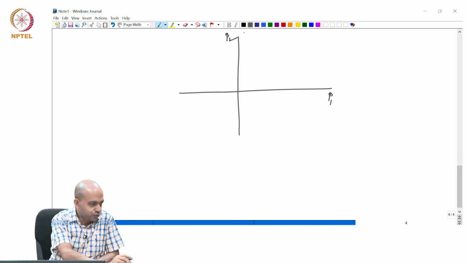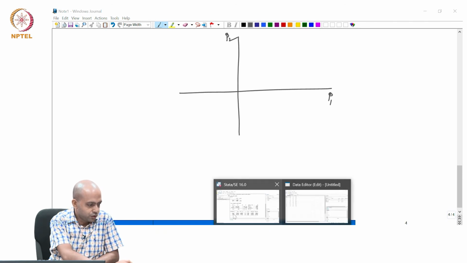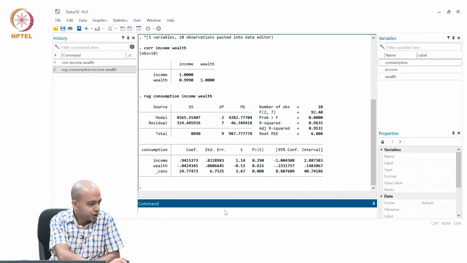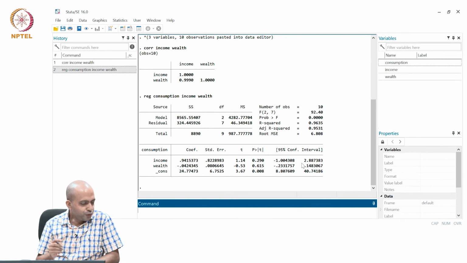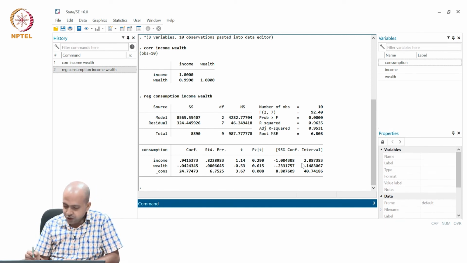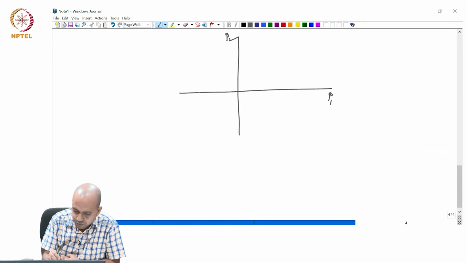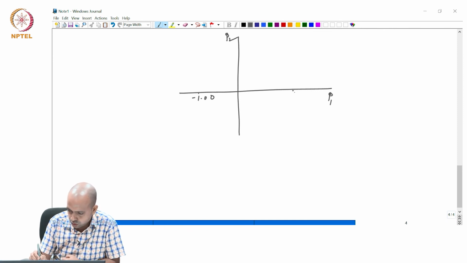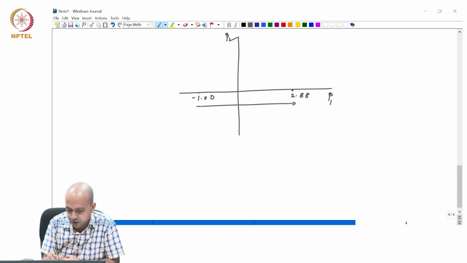Now, look at the confidence interval of beta 1 and beta 2. Look at first the income. The 95% confidence interval is minus 1.00 to 2.88. Let us say this is minus 1.00, this is 2.88. This is the 95% interval.